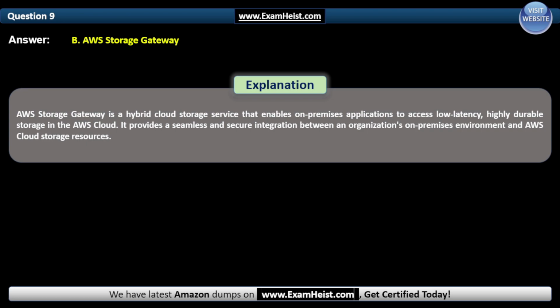AWS Storage Gateway is a hybrid cloud storage service that enables on premises applications to access low latency, highly durable storage in the AWS Cloud. It provides a seamless and secure integration between an organization's on premises environment and AWS cloud storage resources.